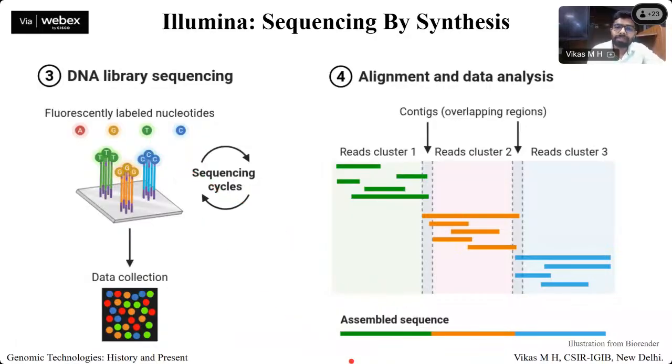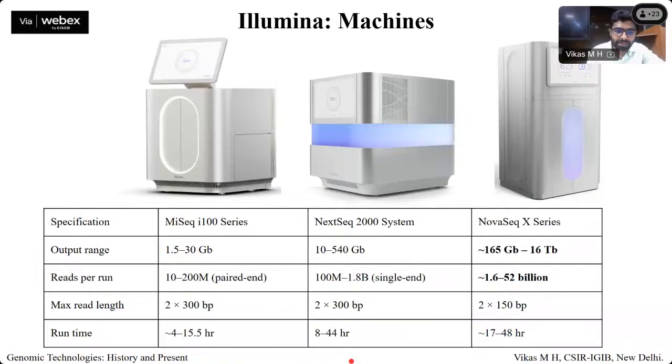Presently, the Illumina machines are among the top-of-the-class machines used across the world. They have different ranges of machines which you can use for different experiments.